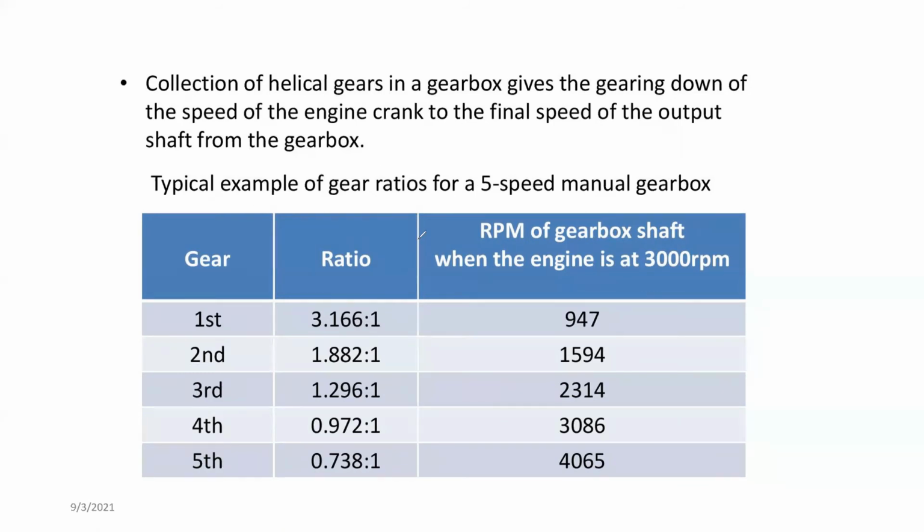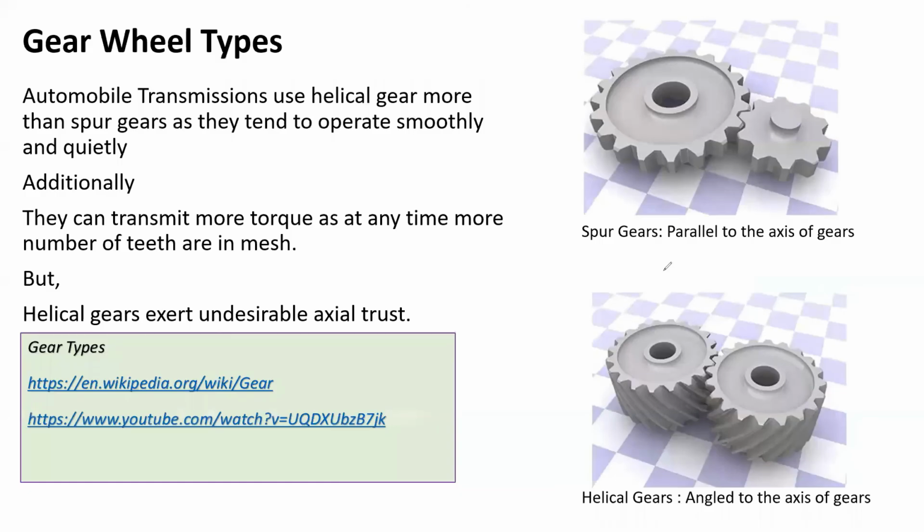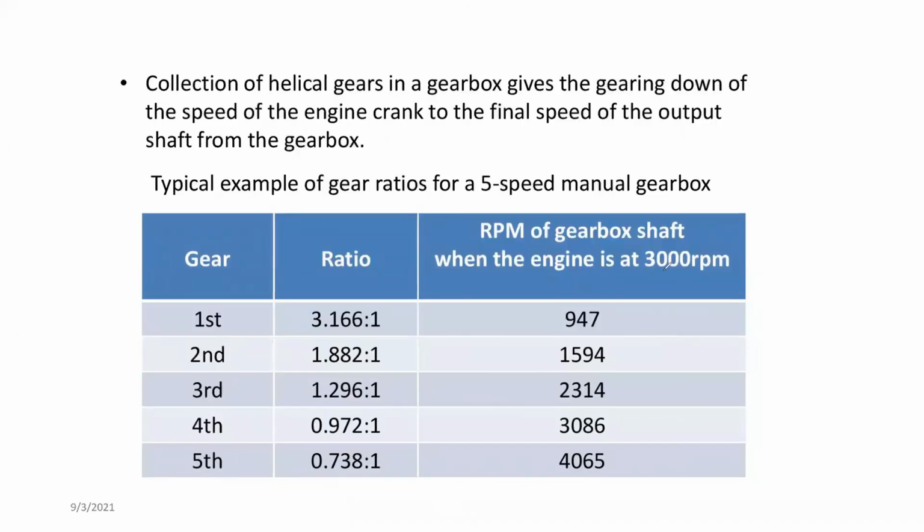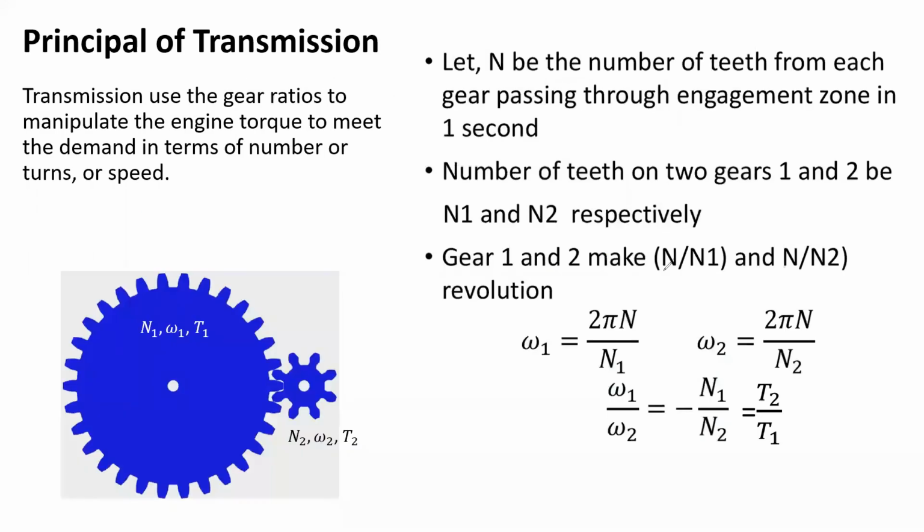Similarly, for all gears, it's mentioned here. Whether it's automatic or manual, this is the same. The gearbox output at 3000 rpm is also given here. So in order to achieve this, we use these gear wheels.